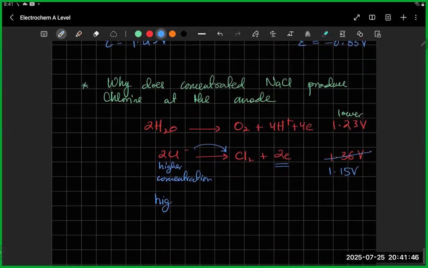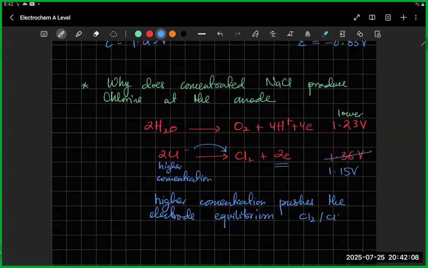I'm going to write all of this down: higher concentration pushes the electrode equilibrium, Cl2 and Cl minus 1, to the side which produces more electrons.